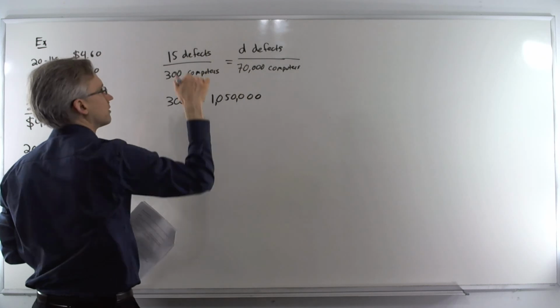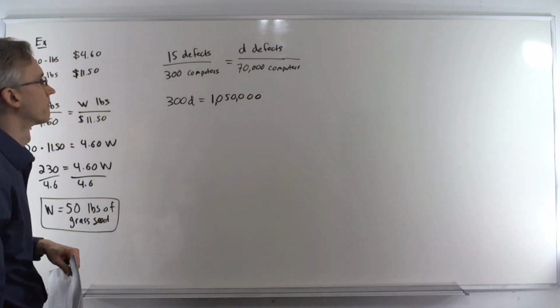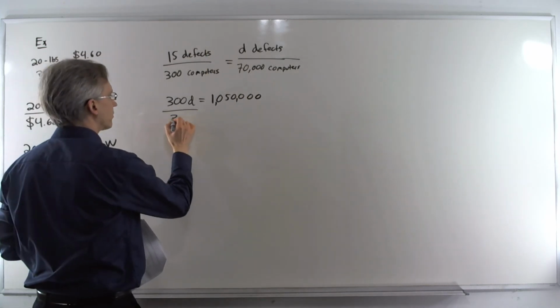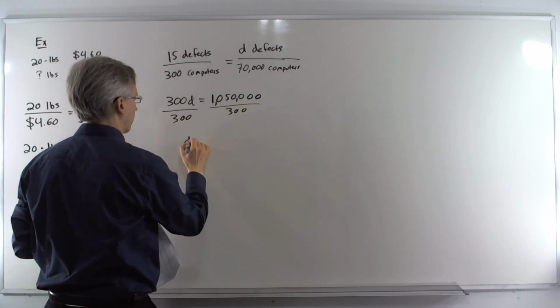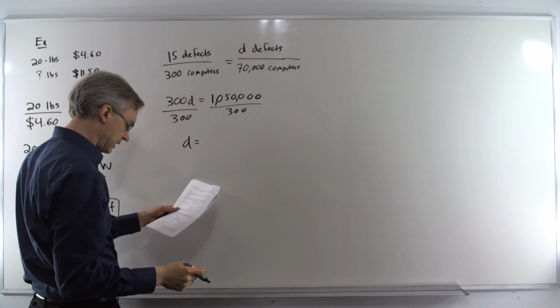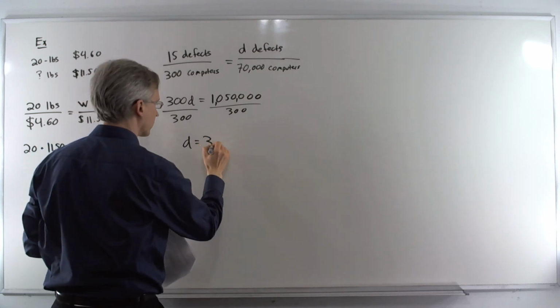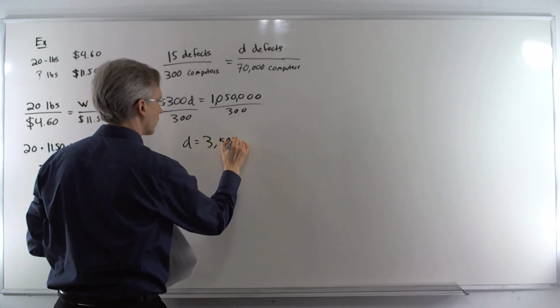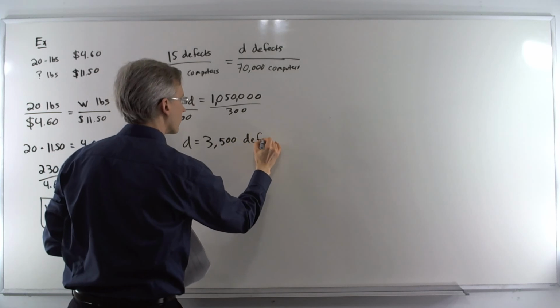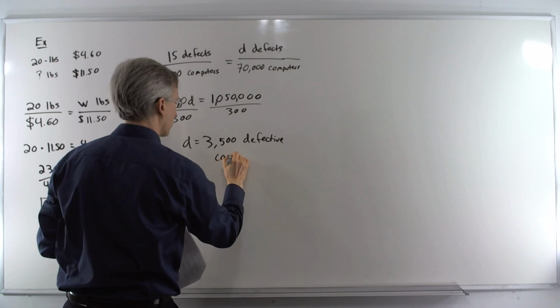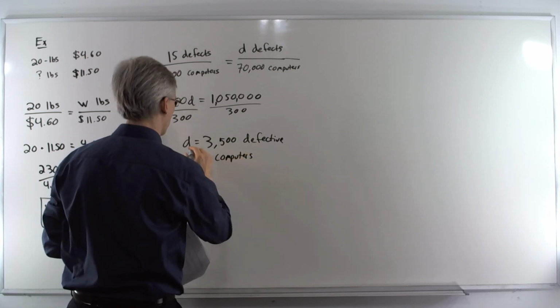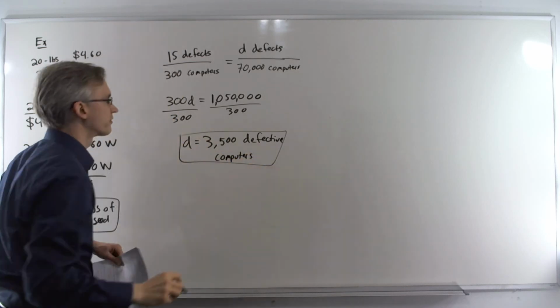That's 70,000 times 15. All right, now we'll divide by 300, and that gives us D equals 3,500. 3,500 defective computers.